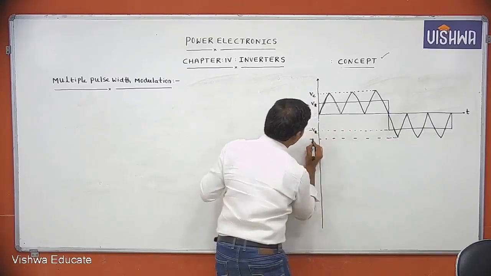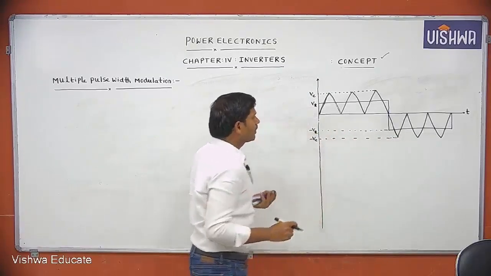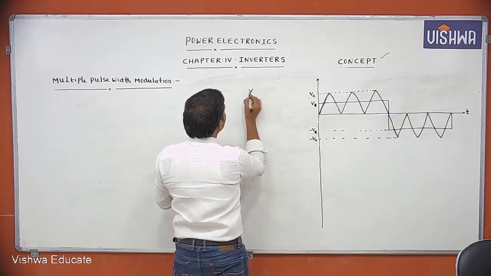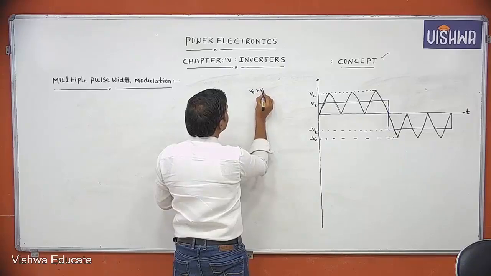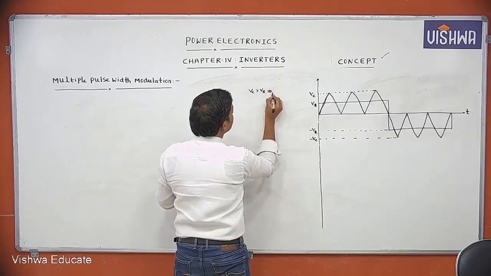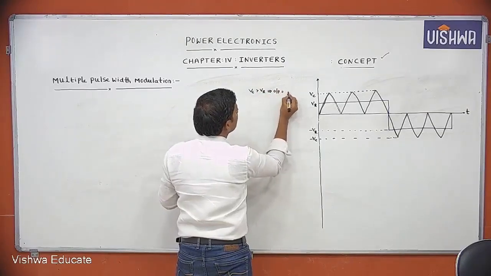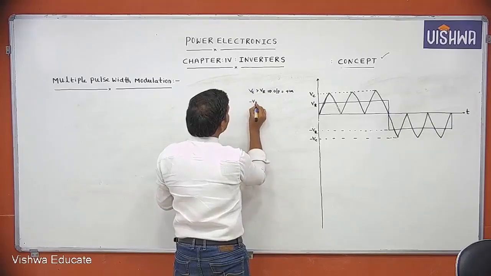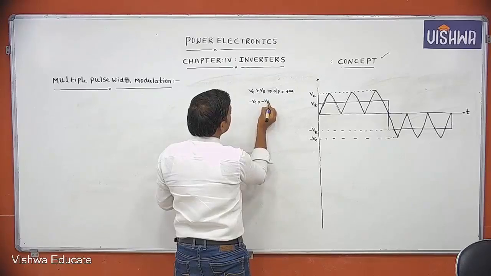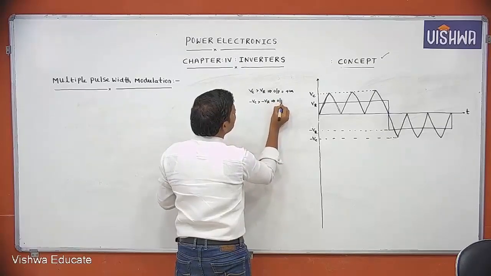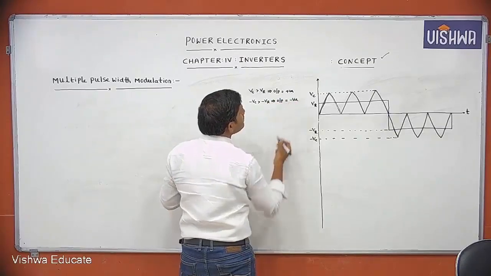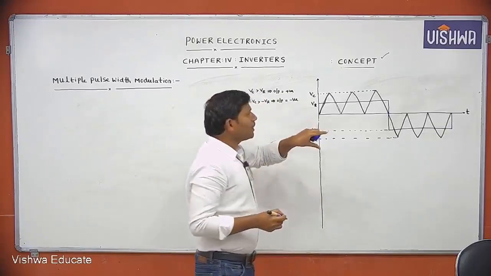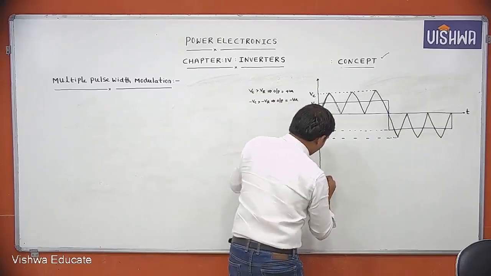Then what logic are we using here? If Vc is greater than Vr, a pulse is generated and the output is positive. If minus Vc is greater than minus Vr, a pulse is generated and the output is negative. Then these two signals are given to the comparator, which generates the pulses.